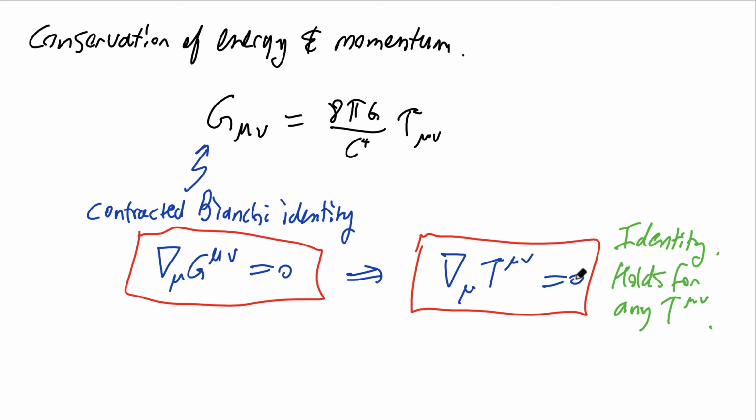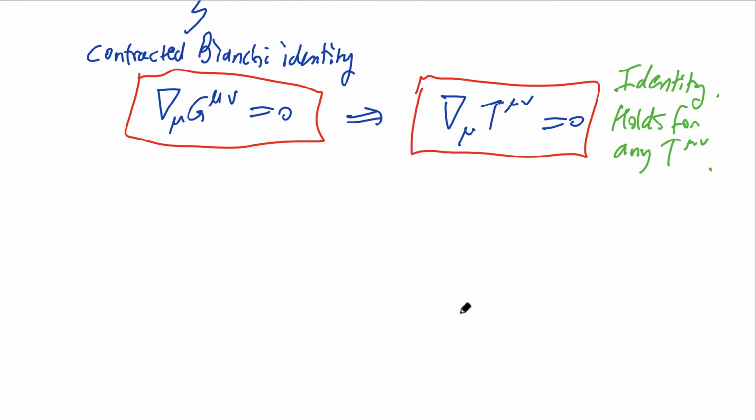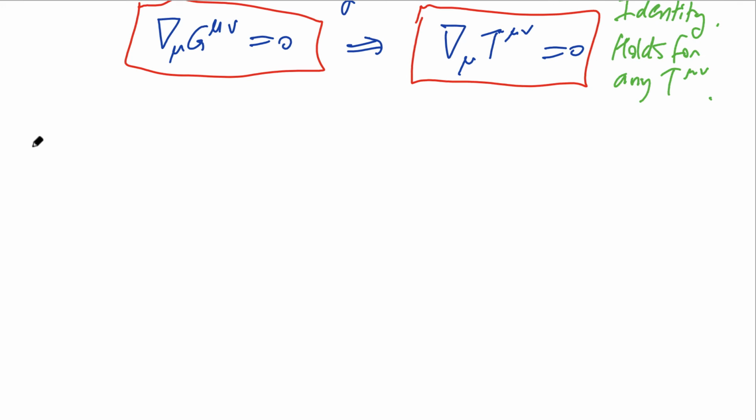Any T^{mu nu} will satisfy this, and you can actually prove that from the variational principle using a Noether's theorem type argument. I'm not going to go through that argument here, but what I do want to do is explore the consequences of this identity. So let's first consider the simple case of flat space-time. And let's also consider an observer, or actually a fleet of observers.